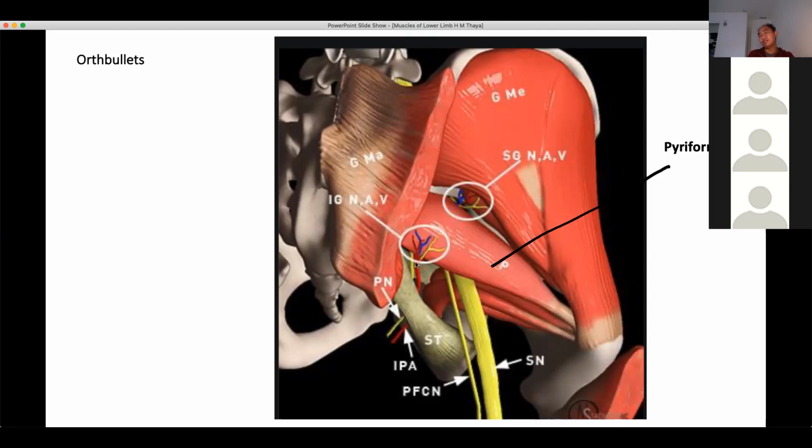Below the piriformis, it is closer to the gluteus maximus. So the anatomy gets deeper and deeper in your mind. Now you can imagine a buttock covered with the gluteus maximus, and if you lift up the gluteus maximus, you now appreciate what is underneath.